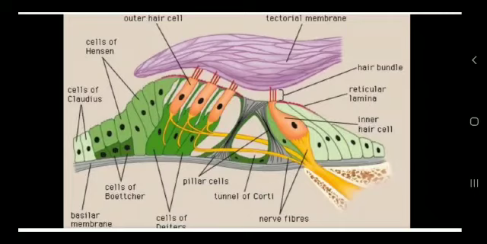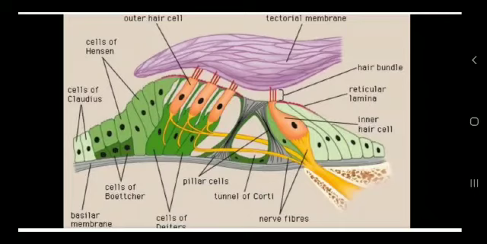Inner hair cells receive almost 90 to 95%, whereas the outer hair cells receive only 5 to 10%. So this is about the structure of the internal ear.